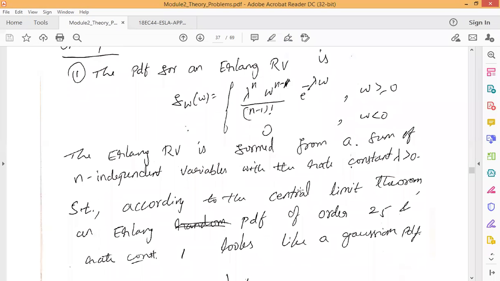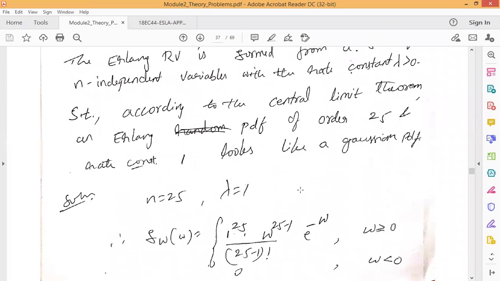According to the central limit theorem, an Erlang PDF of order 25 with lambda equal to 1 also looks like a Gaussian PDF. So we can assume n equal to 25 and lambda equal to 1.